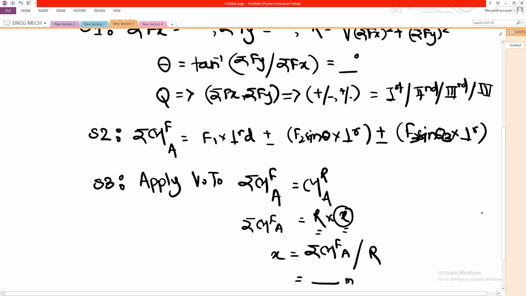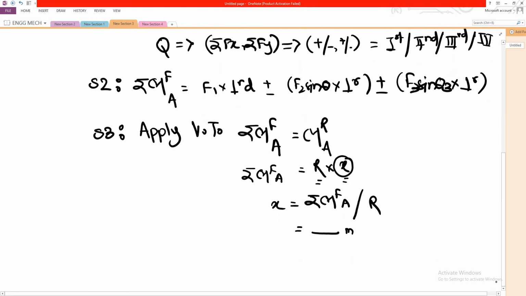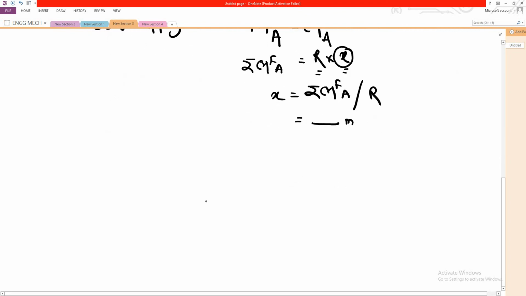Okay, now the final step is to show how we got this resultant in its specific position. So here, when we are talking about a general force system, then the quadrants are 4.